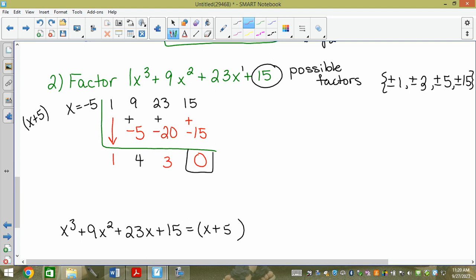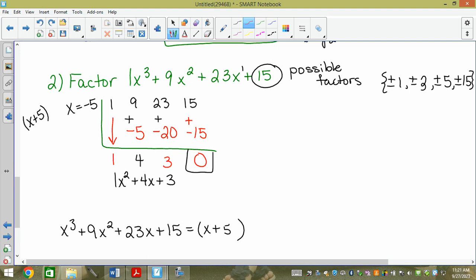Now, if that was an x cubed, this bottom is going to be a what? X squared, because it's just one less, right? I took a factor out. So this becomes 1x squared plus 4x plus 3. And then I have to factor it.